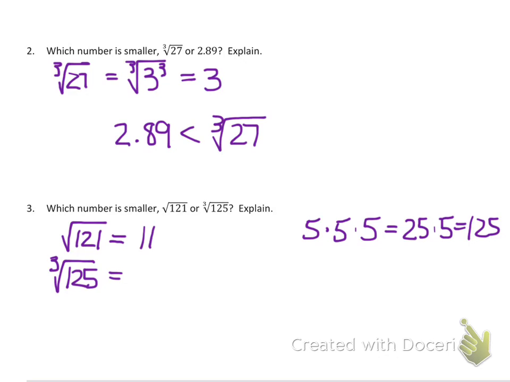So the cube root of 125 is 5. Therefore, the cube root of 125 is less than the square root of 121, because 5 is less than 11.